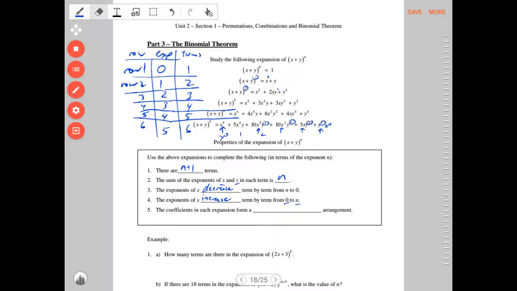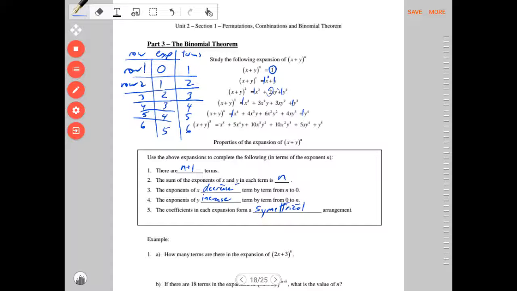If we just look at the coefficients now: 1; 1, 1; 1, 2, 1; 1, 3, 3, 1; 1, 4, 6, 4, 1; 1, 5, 10, 10, 5, 1. Okay, it's a symmetrical pattern.